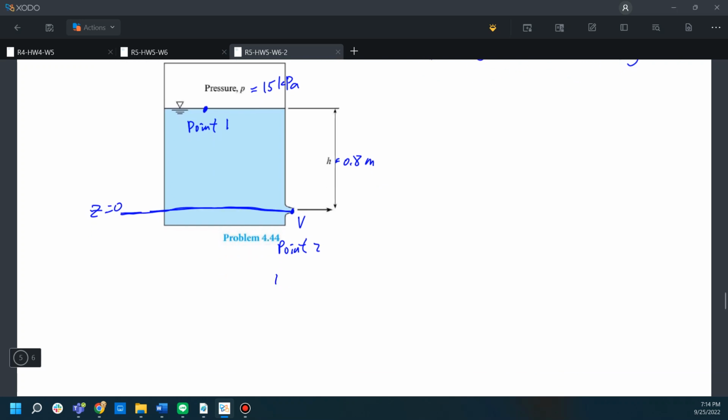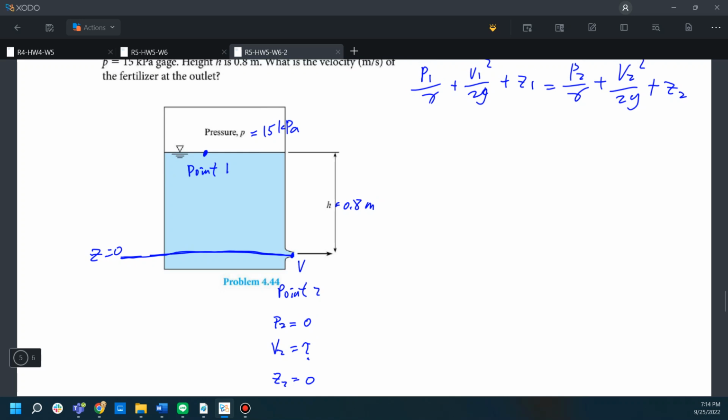So the P2 at the outlet, because it is exposed to the atmosphere, the pressure will be 0, and the velocity is the variable that we will solve for, and z2 is equal to 0, since it is at the datum.